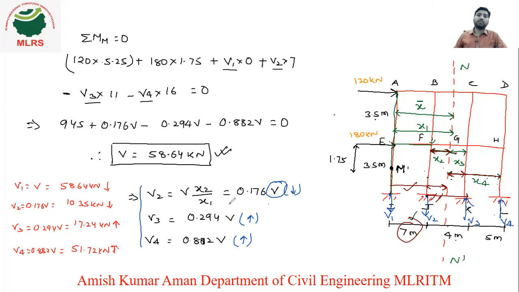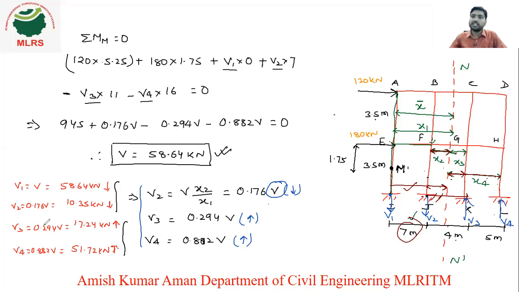Now, before proceeding to the next step, you can check here whether your proceeding is correct or not. How will you check? Sum of these two forces acting downward should be equal to sum of these two forces acting upward, right? Or nearly equal. This difference will be 0.01, 0.02, that too, no problem.